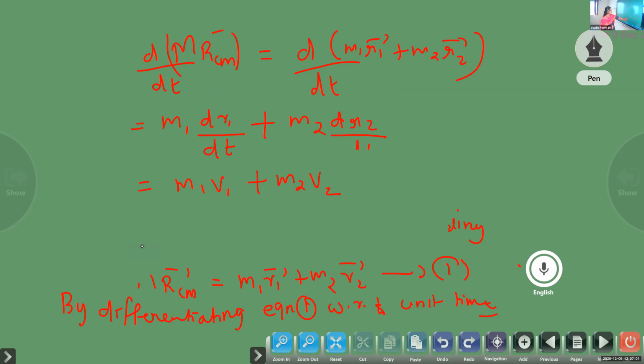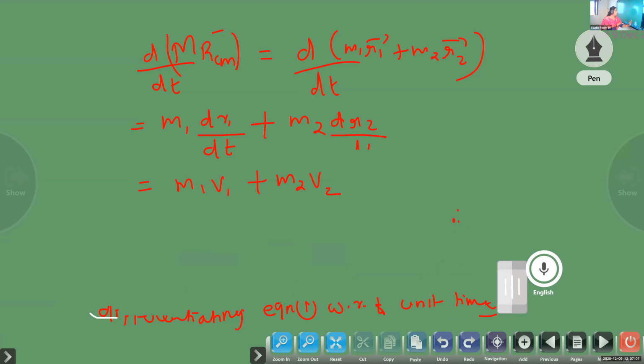Same equation, what is the difference here? Instead of R1 you will get the velocity. And how does velocity come? In terms of differentiation. So on the right side, M R_CM becomes velocity V_CM, and there is M also.